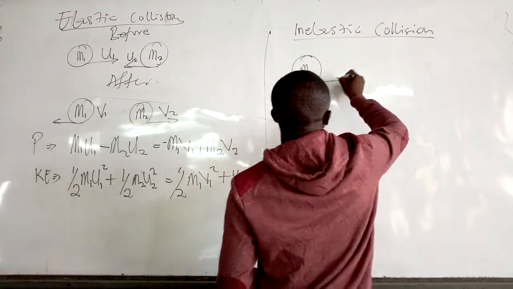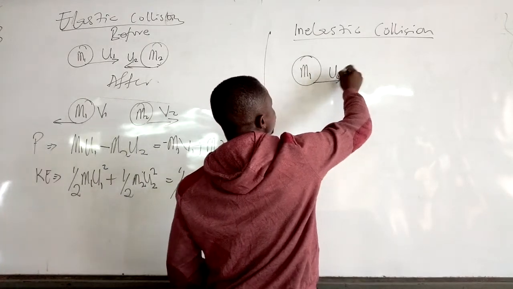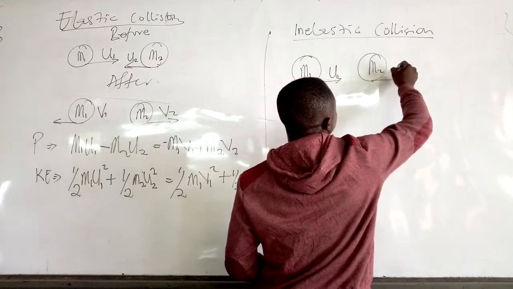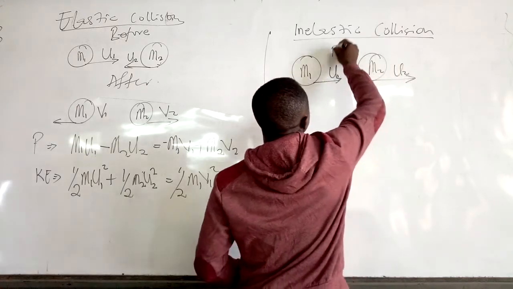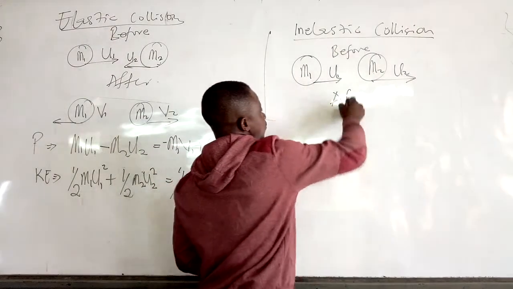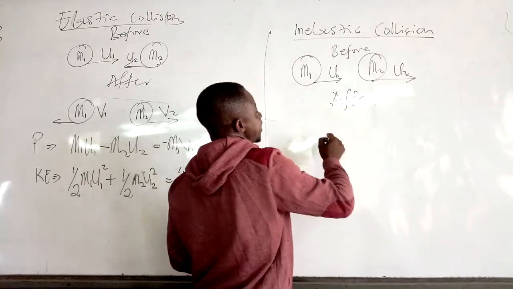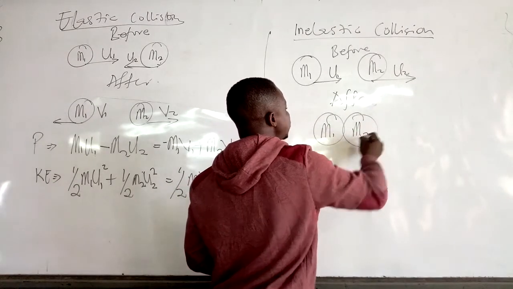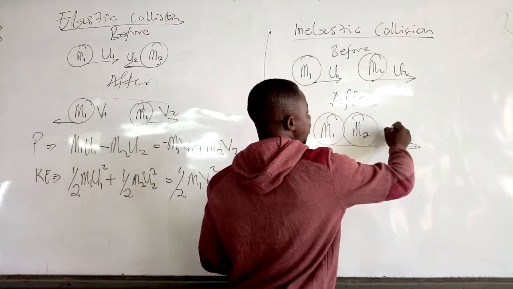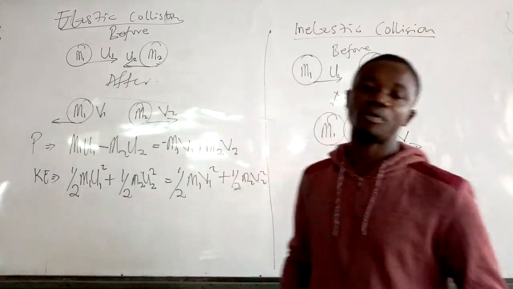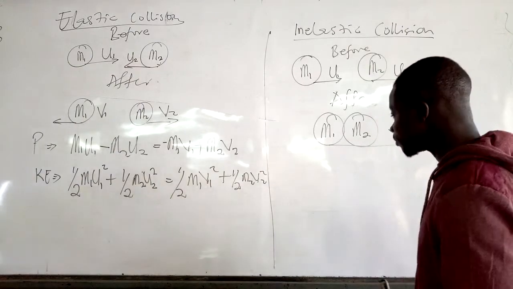M1 with velocity U1 moving in the same direction as M2 with velocity U2. This is before they collided. After they collided, they stick together, M1, M2, and move with a common velocity V. They stick together and move with a common velocity V. Good.